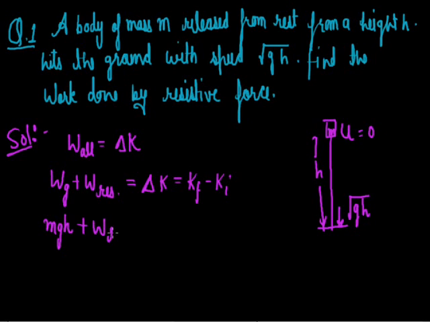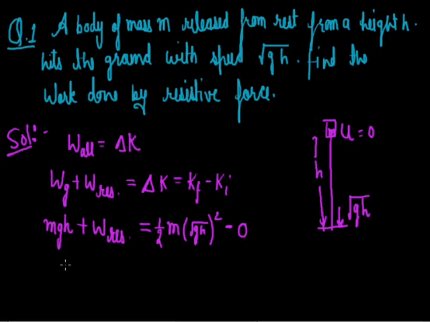Now work done by resistive force, which we have to calculate. Work done by resistive force equals K final minus K initial. Since it hits the ground with a speed of root gh, K final is half m v square, so half m into root of gh squared, minus K initial; the initial velocity is 0, so 0.